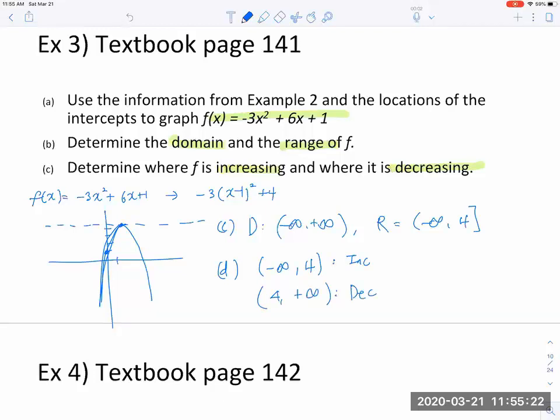Okay. So based on your axis of symmetry equal to 1. So I need to change it. Sorry about that. This one has to be negative infinity up to 1, right? And from 1 to positive infinity, your graph is going to be decreasing. Okay?